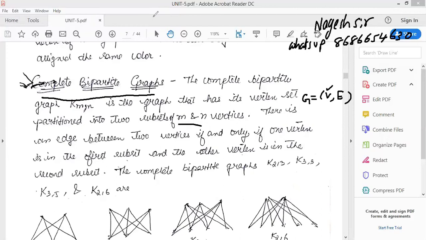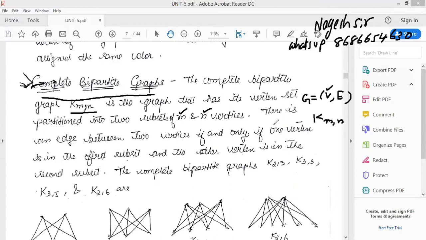The vertex set of the graph G is divided into two subsets, one containing M vertices and the other containing N vertices. The complete bipartite graph is denoted by K subscript M comma N.